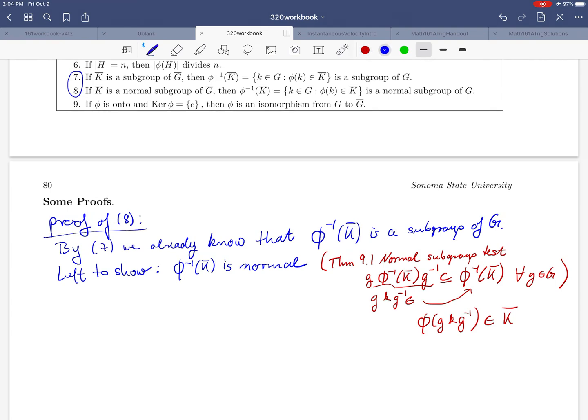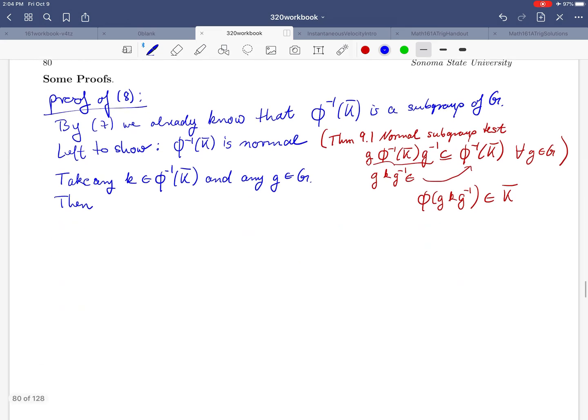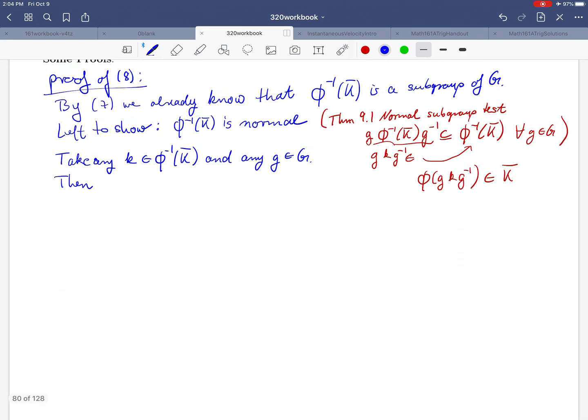Okay, so let's get going. So let's take any K in the pre-image or the inverse image of K bar and any G in G. Then what do we have? What does phi of this GK G inverse that we talked about look like?